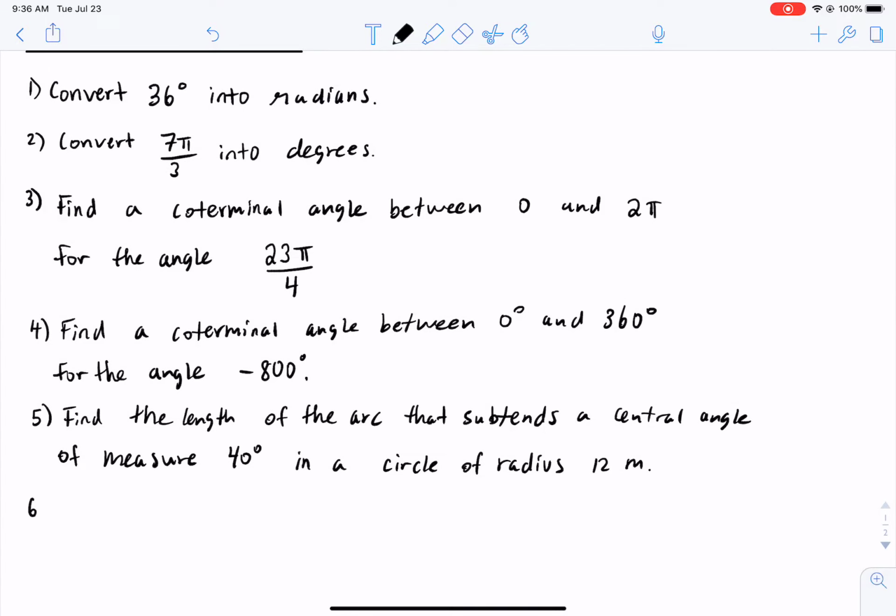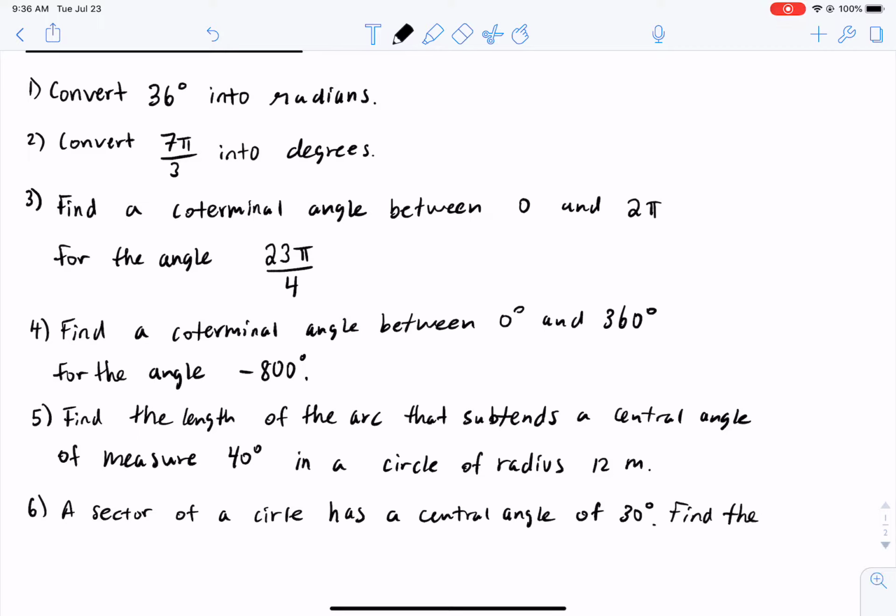And one more, number 6. Say that a sector of a circle has a central angle of 30 degrees.